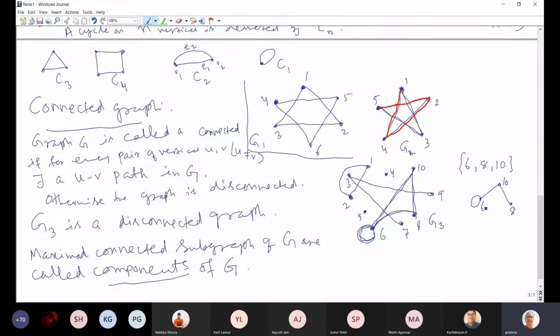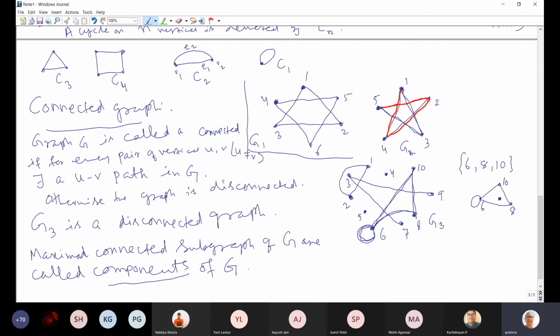No, this will not be a component, because it is not a maximal connected subgraph, because it is contained in another connected subgraph, a supergraph.